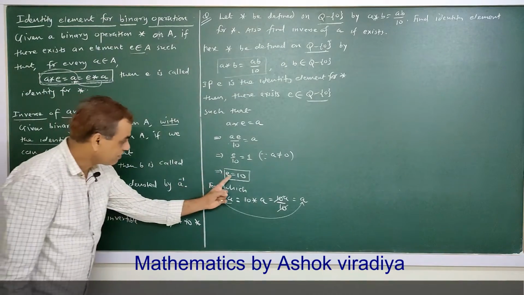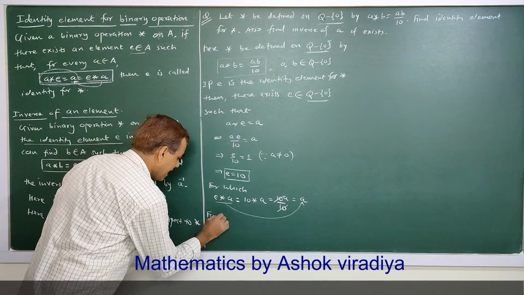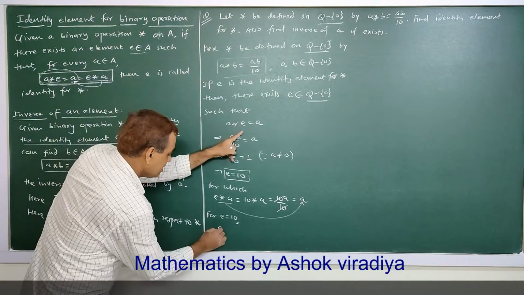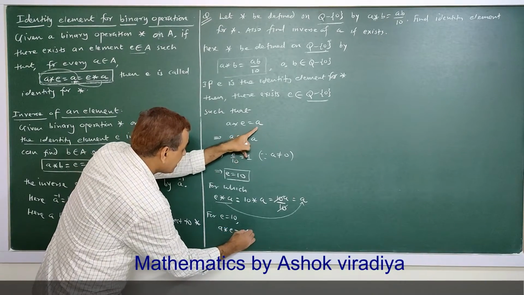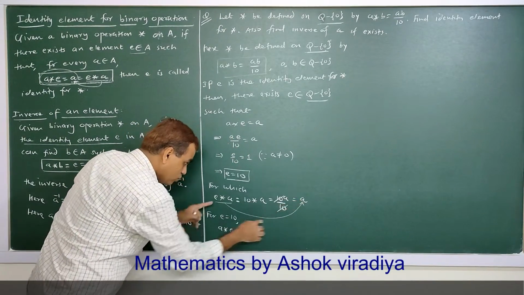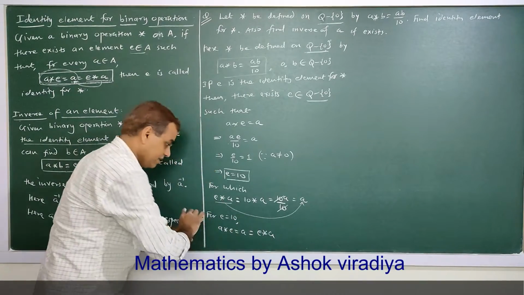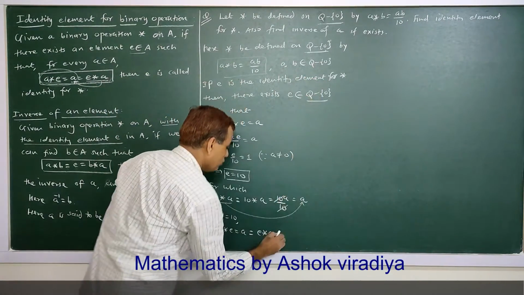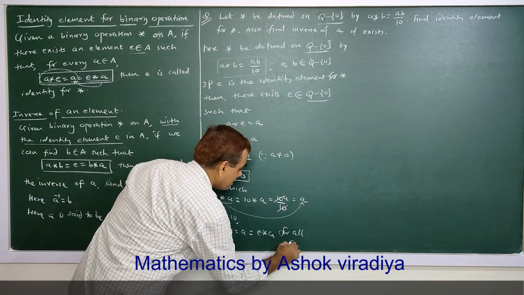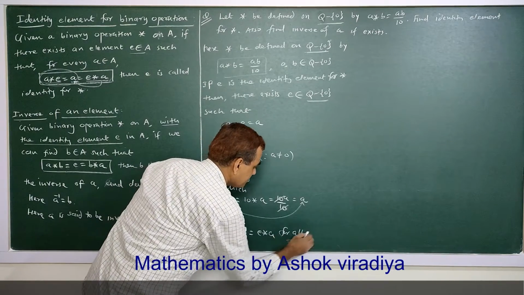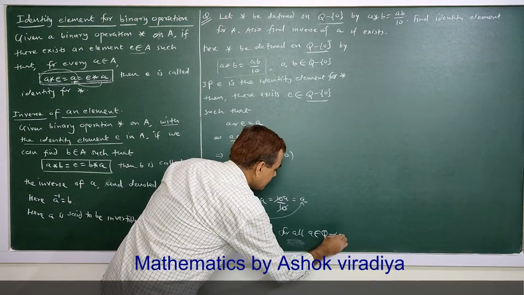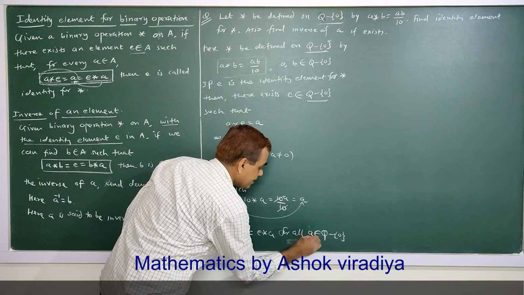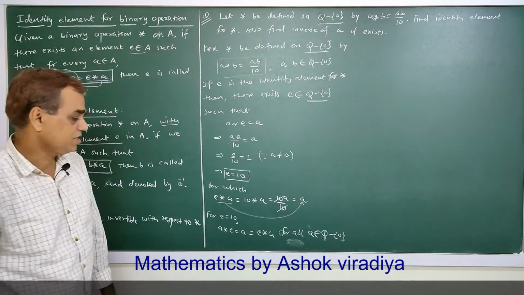So for E equal to 10, A star E equal to A equal to E star A. This condition is satisfied for all A belonging to the set of rational numbers except 0.